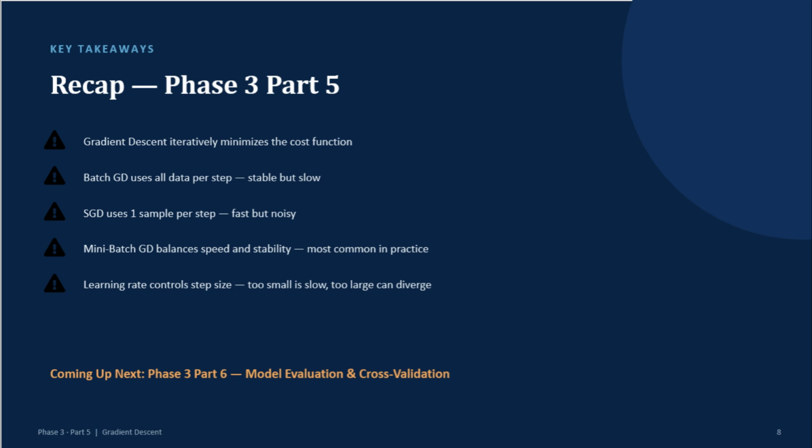We also learned why the learning rate is one of the most important hyperparameters during model training. Finally, we looked at a simple Python implementation to see how these concepts are applied in practice. In the next lecture, we'll move on to model evaluation and cross-validation, where we'll learn how to measure a model's performance and select the best model with confidence.